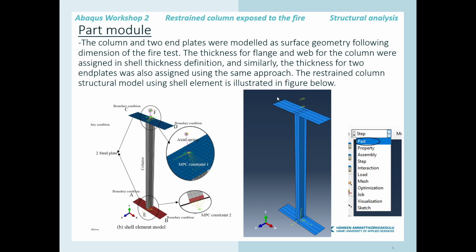Here are some little extra things that we will model, these extra points where we provide this MPC constraint. So we provide the boundary condition at this point and distribute that over the connection of the column and the plate.